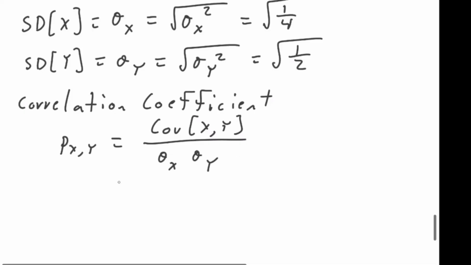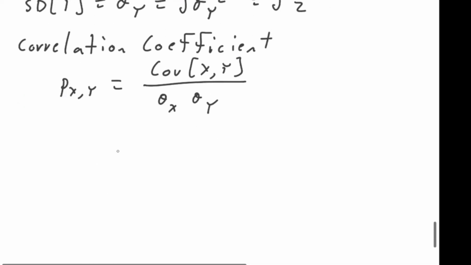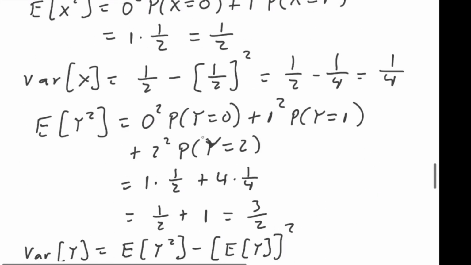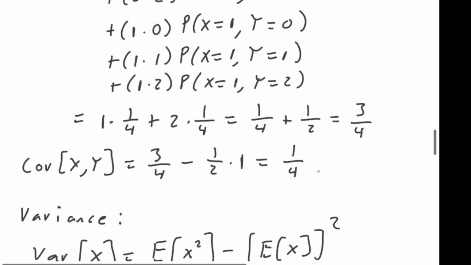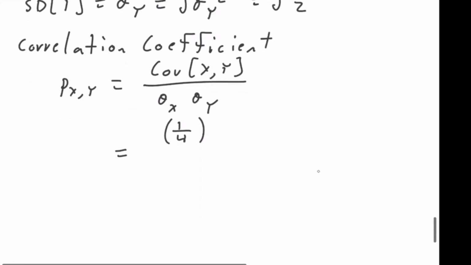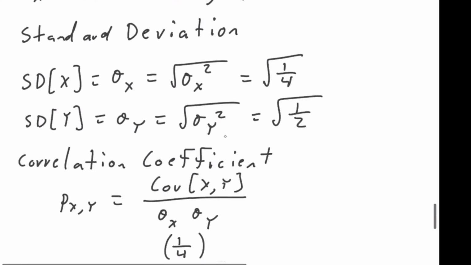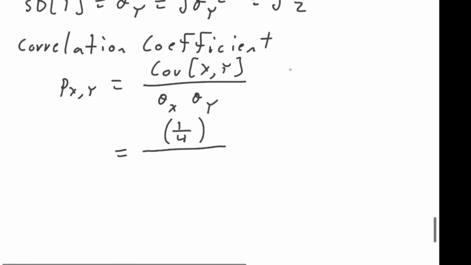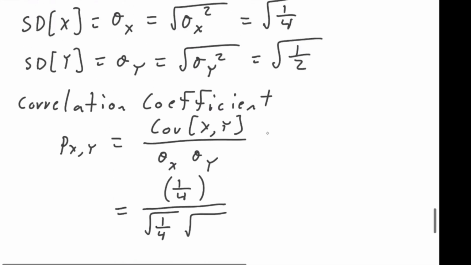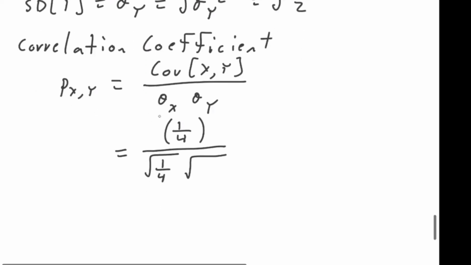Okay, so we have all those goodies. Remember, the covariance was 1/4, and that's going to be over the standard deviation of x, which is the square root of 1/4, times the standard deviation of y, which is the square root of 1/2.